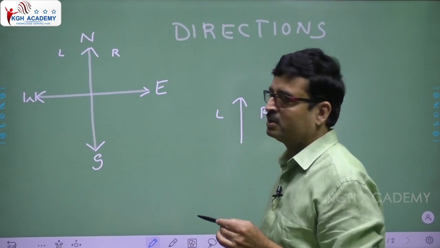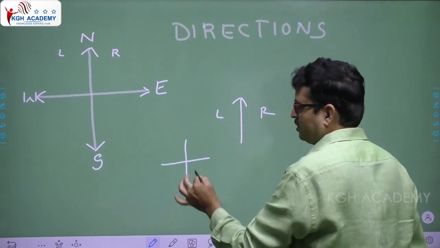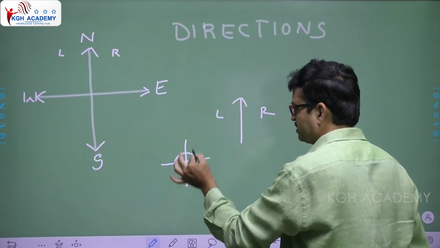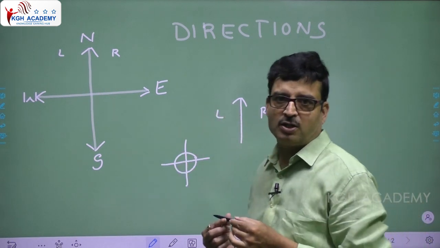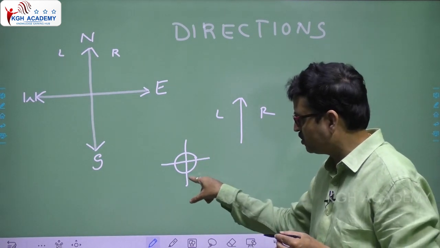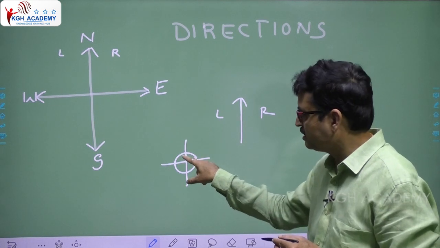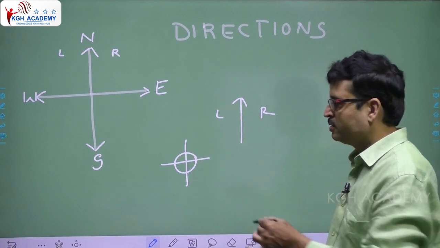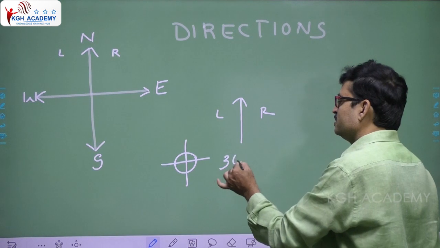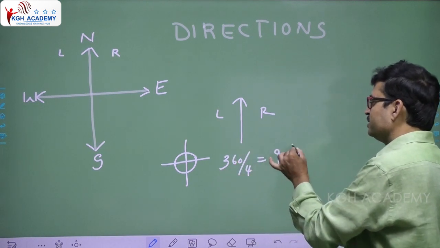West. Clear? Now please note, when you take it like this, what is the complete angle across the axis? The complete angle across the axis is 360 degrees. And how many angles are there? 1, 2, 3, 4. As there are 4 angles here, 360 by 4 is equal to 90 degrees.